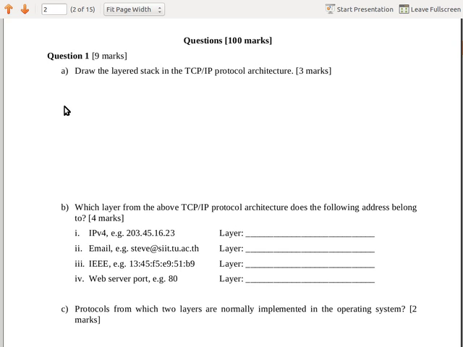Remember those 5 layers. What are the 5 layers? From the bottom up. 5 layers.